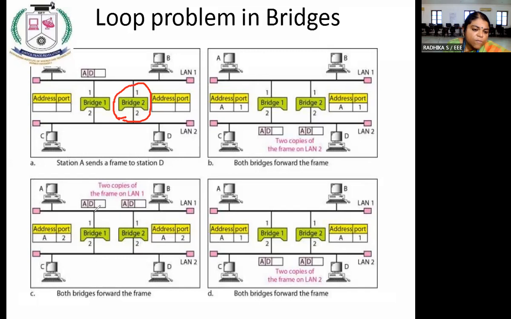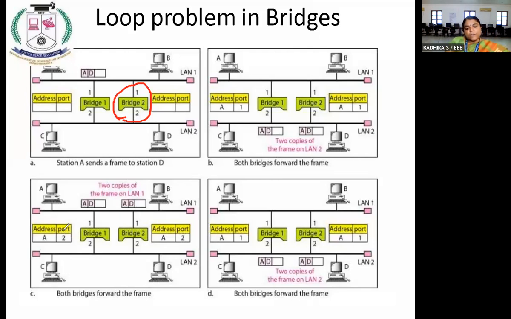Likewise, the frame from bridge 1, when it is received in LAN 2 and reaches bridge 2, will also be misinterpreted as A being associated with port 2. So in both bridge tables, address A will be entered as associated with port 2.